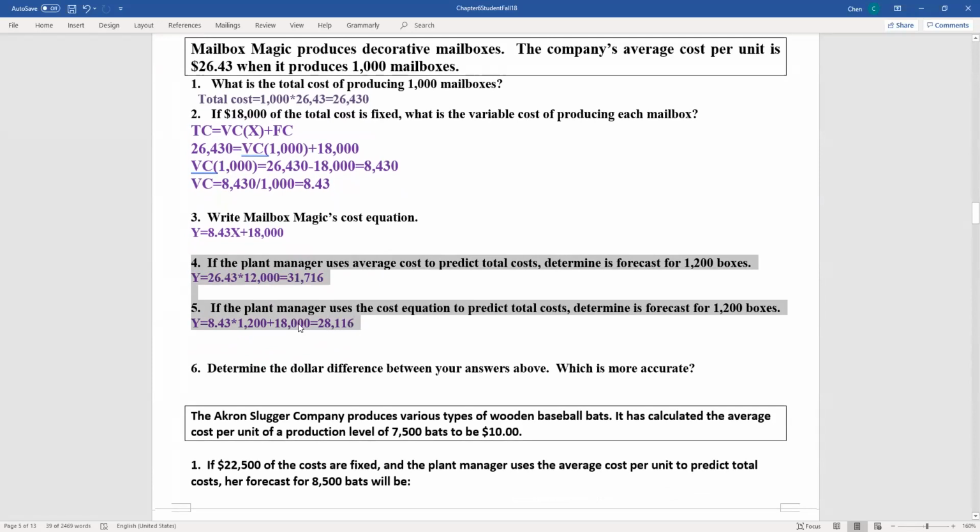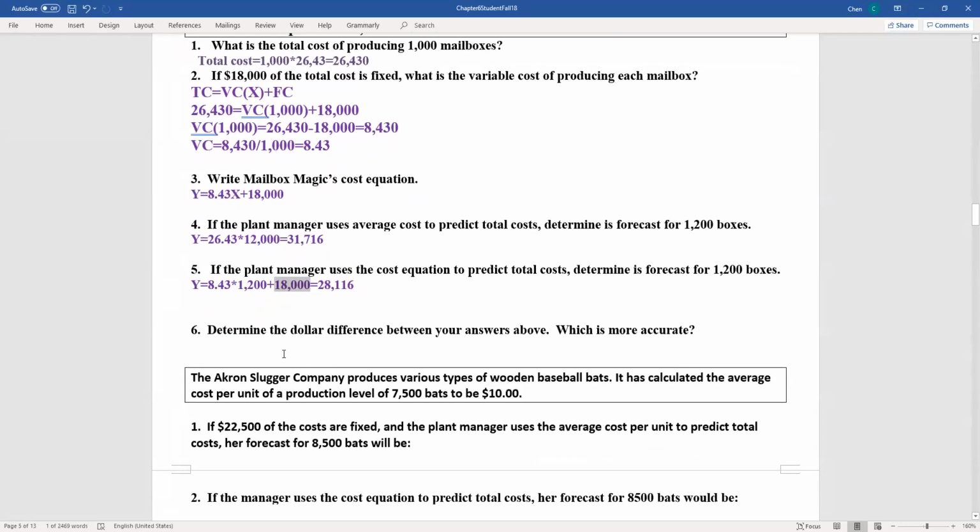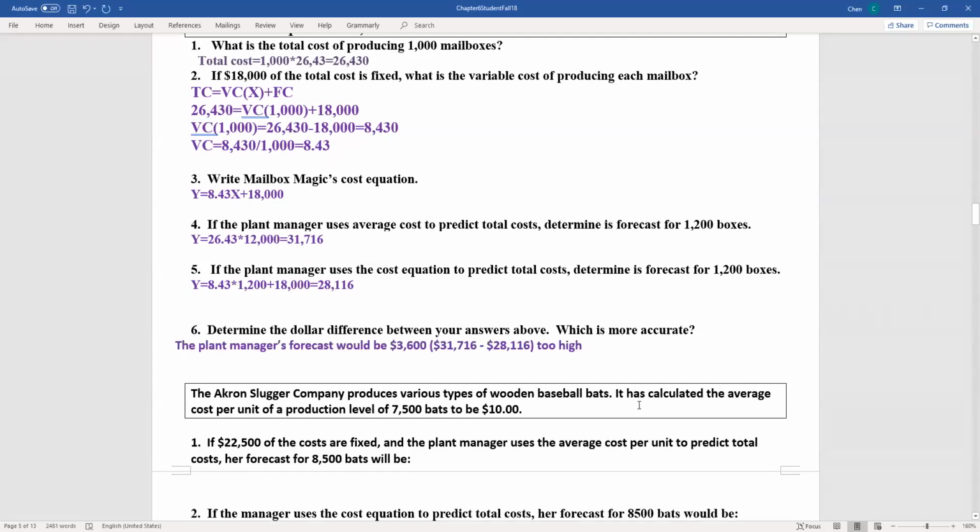The cost equation will be more accurate because it differentiates between variable cost activity and fixed cost activity, and it more reflects the truth. Okay.